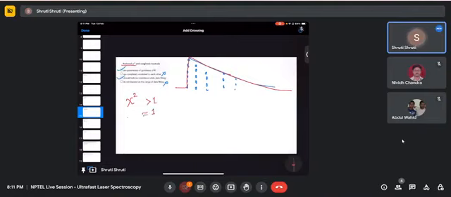Actually, I just blindly picked the first option. Okay, I think the options are wrong here.